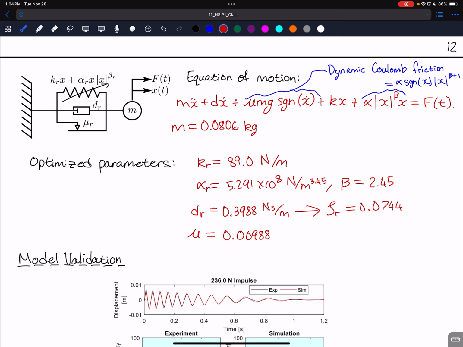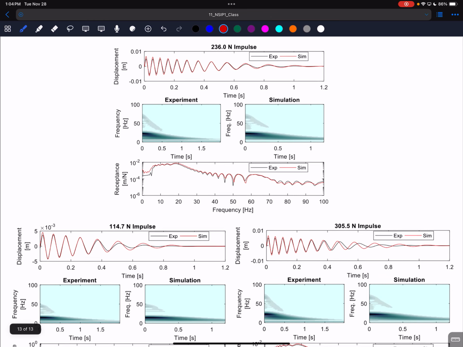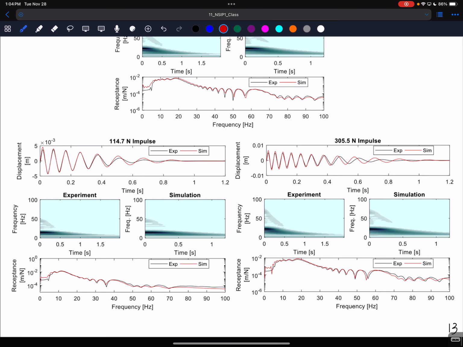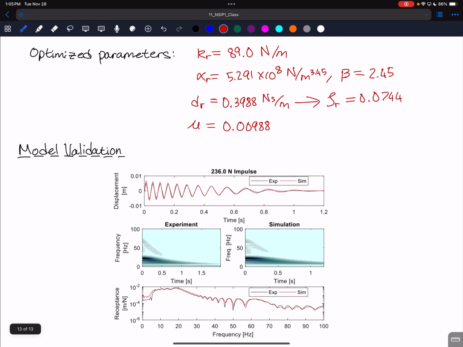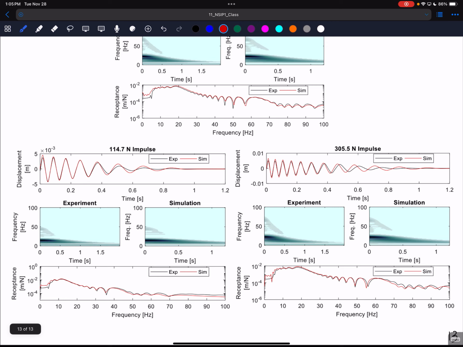Oh, no, sorry, that's a zeta. Yeah, it's a damping ratio. The equivalent linear damping ratio is from the linear viscous damping term. It does not account for the friction in it.